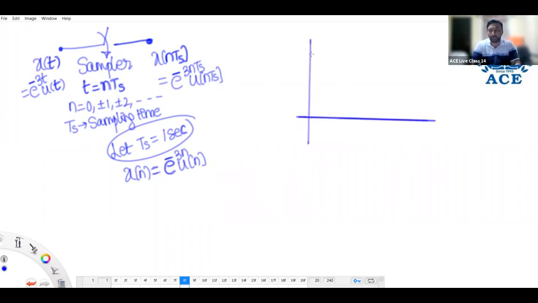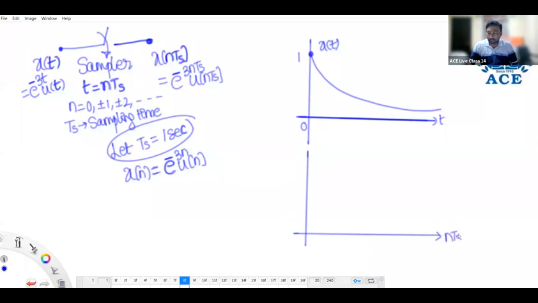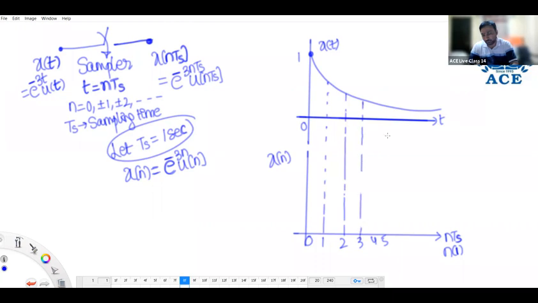This is x of t, which is the continuous signal. Now we want to take the sampled form of the signal. Actually, t is replaced as n into Ts, but we assumed Ts as 1. Try to check the continuous signal amplitude only at certain discrete instances which we have chosen.